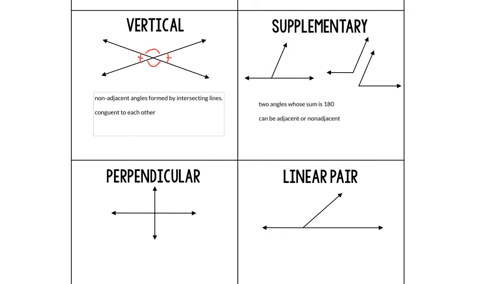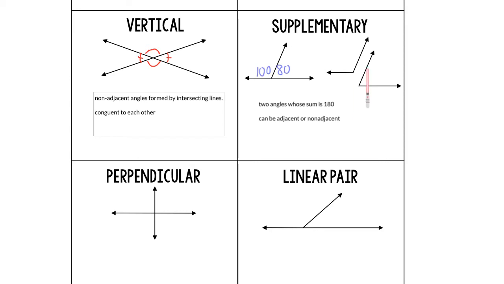We're going to say it's 100 degrees. And that means if these are supplementary, the angle right next to it has to be 80. You'll probably remember from your time in middle school that a straight line is equivalent to 180 degrees. So essentially, when these angles are adjacent, they make a straight line.